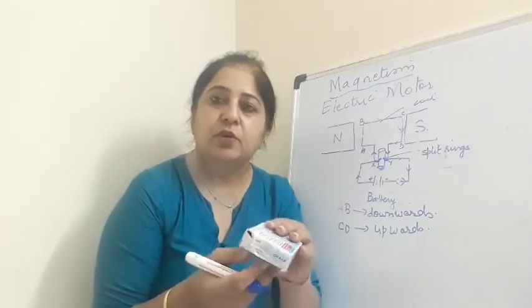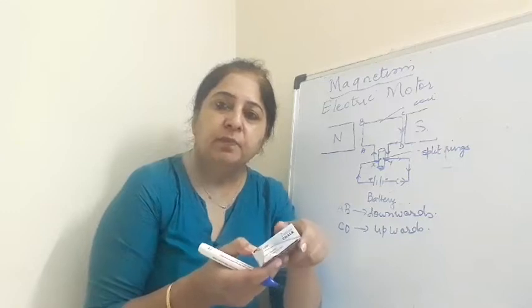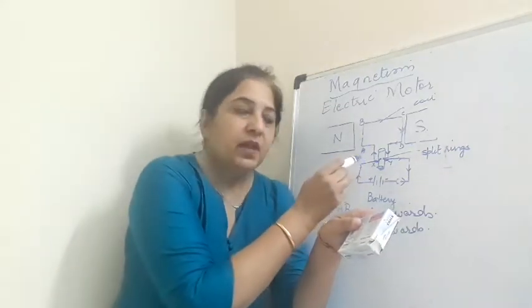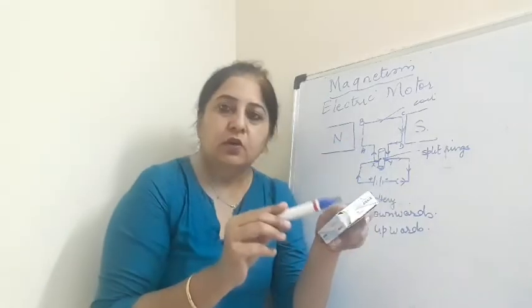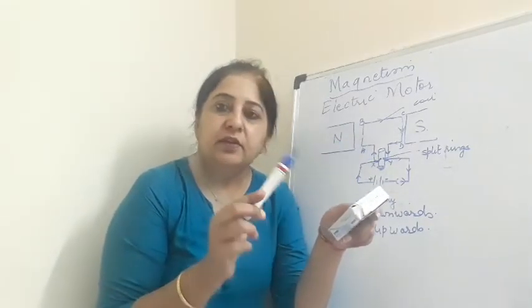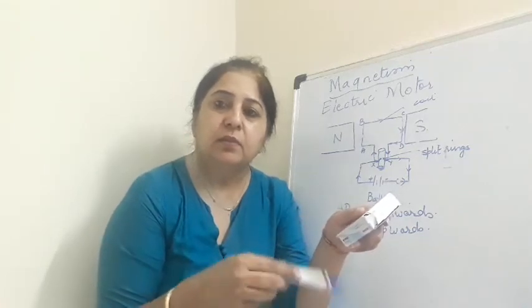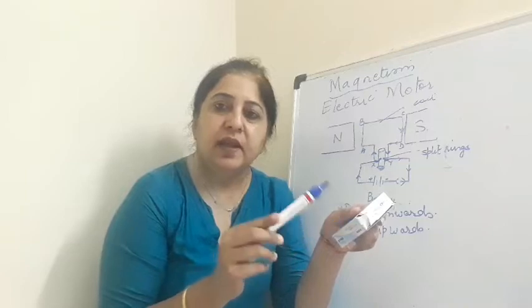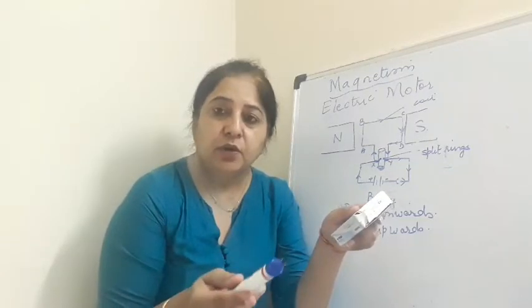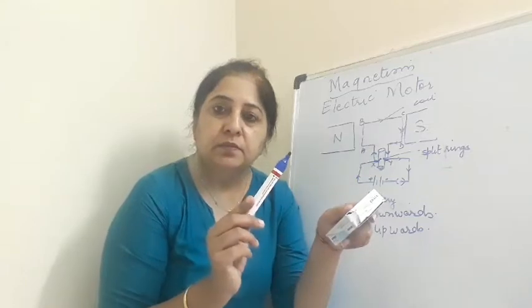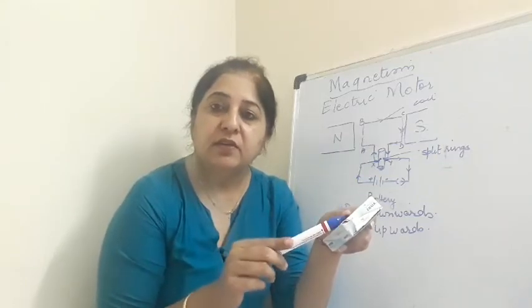When the coil keeps on rotating, what is happening? The electrical energy, or the current which we supplied here, has now changed the coil into motion, and we can say that the electrical energy has been converted into mechanical energy. This helps the appliances to work. As I told you, electric motors are fitted in fans, washing machines, mixer grinders.